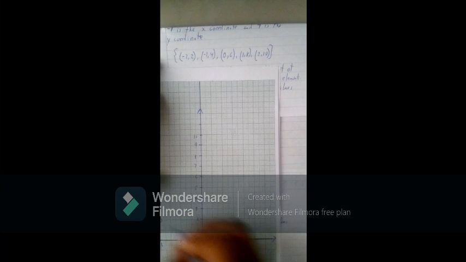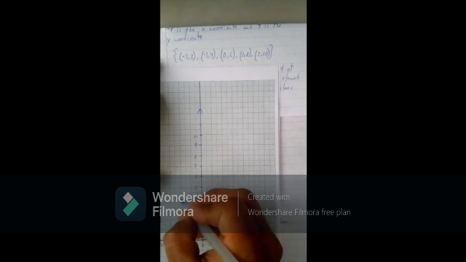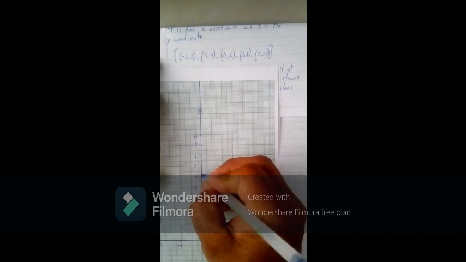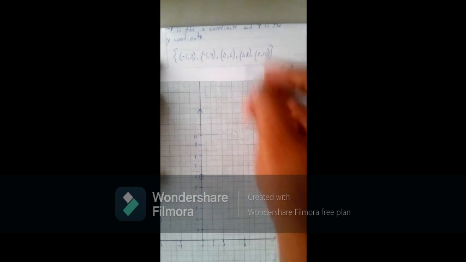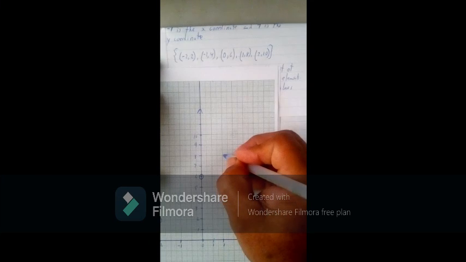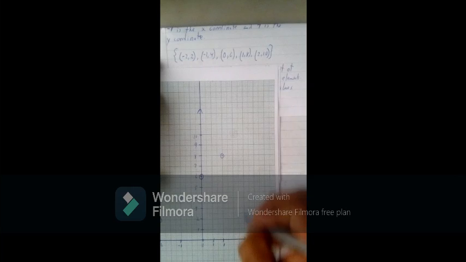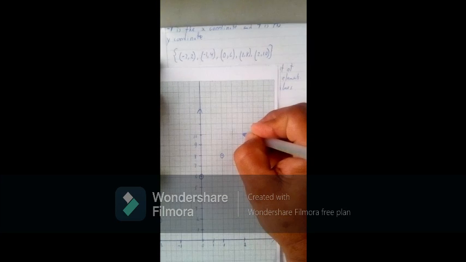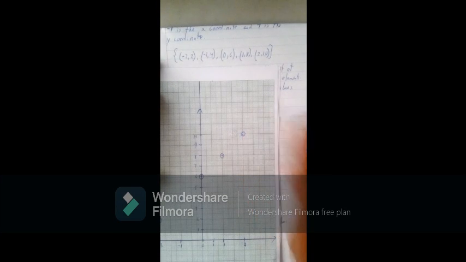Then I go -1 and 4, which is right here, then 0 and 6, which is right here, then 1 and 8, which is right here, and 2 and 10, which is right here.